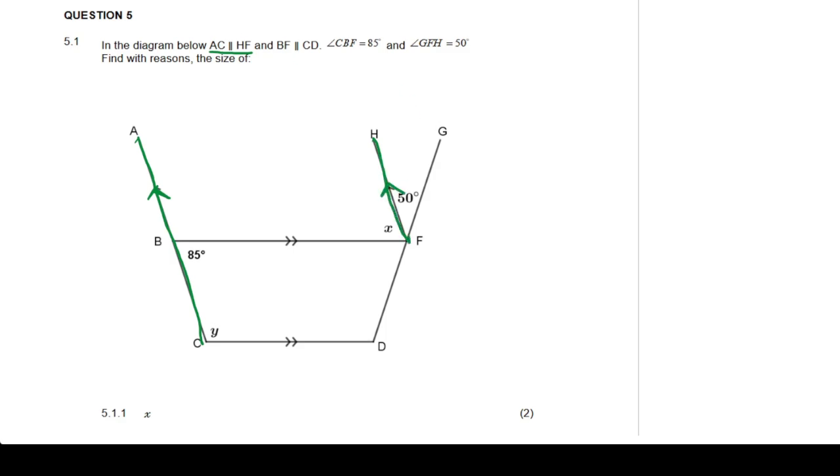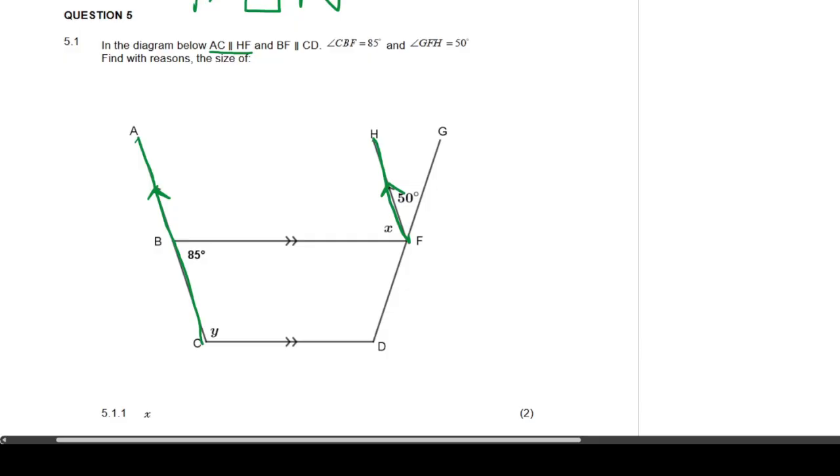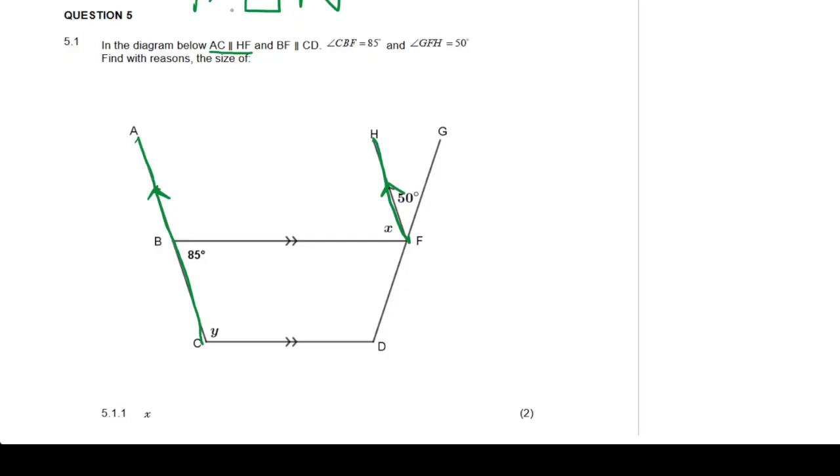Now, as soon as they say parallel, we have to think of the fun. All the fun we're gonna have, where this and this, this and this, this and this. F represents the corresponding angles, where this and this are equal.